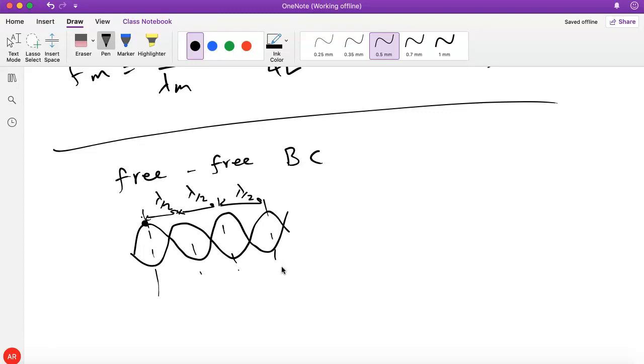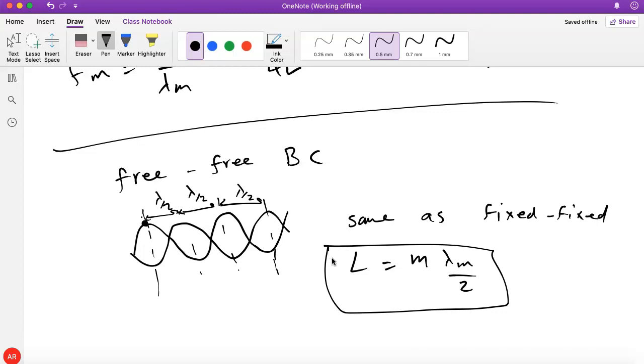So we find the same condition as the fixed. We have to fit an integer number of lambda over 2s. Same as fixed, in the sense that L is M lambda M over 2. And then it gives lambda M in terms of L and M. It gives the frequencies in terms of L and M, etc.